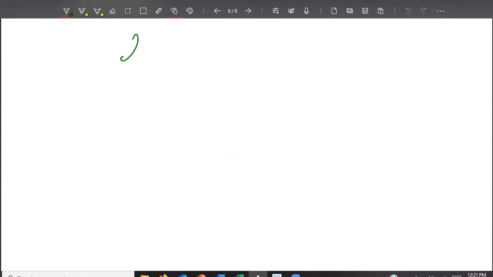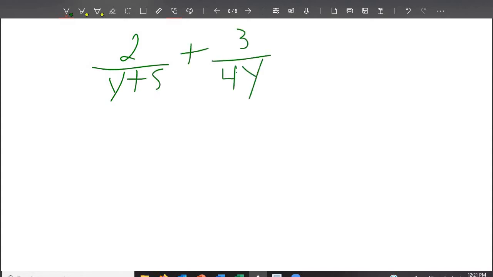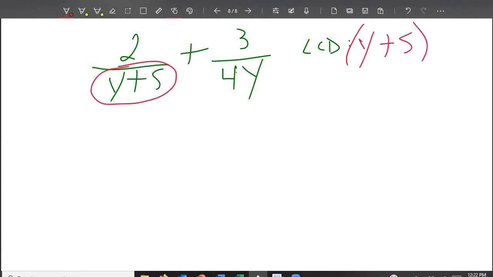All right, let's do this one. You gotta be careful with this one. Okay, LCD. It has to contain everything over here. From the second fraction, it has to contain whatever they're not sharing.